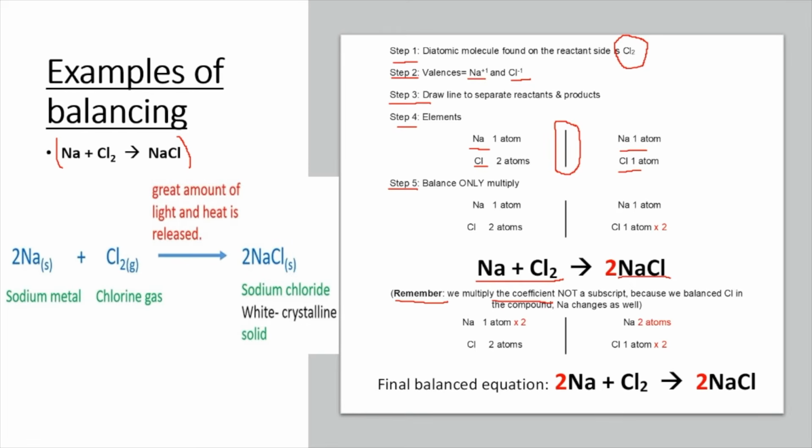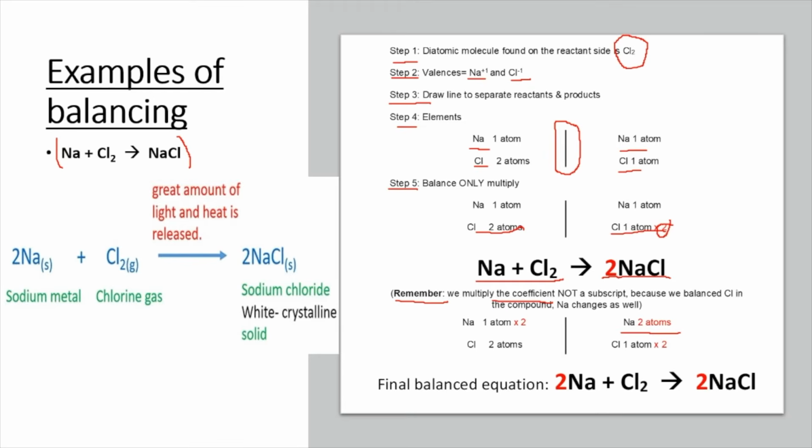So, if we start at the bottom, on our reactant side, we have 2 chlorine atoms. So on our product side, we need to multiply the chlorine by 2. Now remember, it's the coefficient that changes. So we add a 2 in front of our product, which then changes the number of sodium atoms.